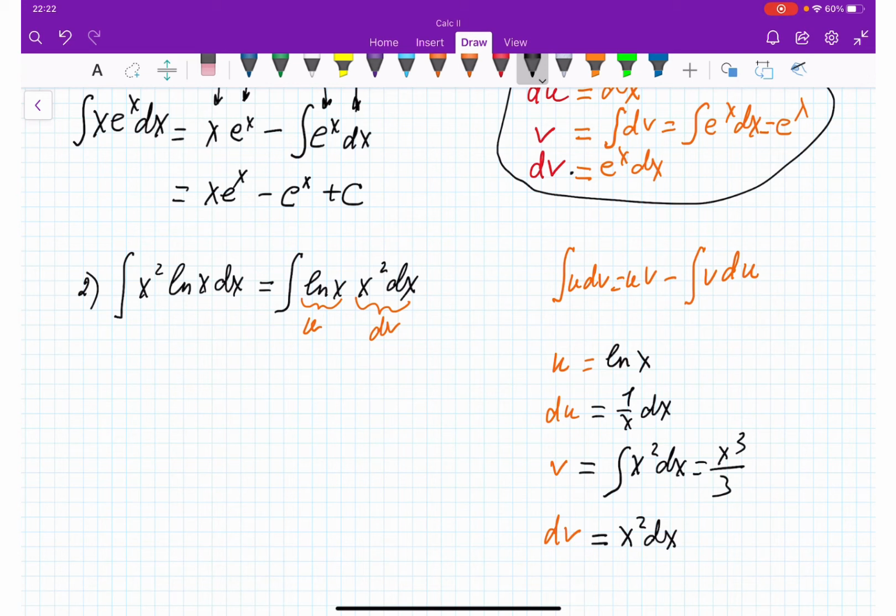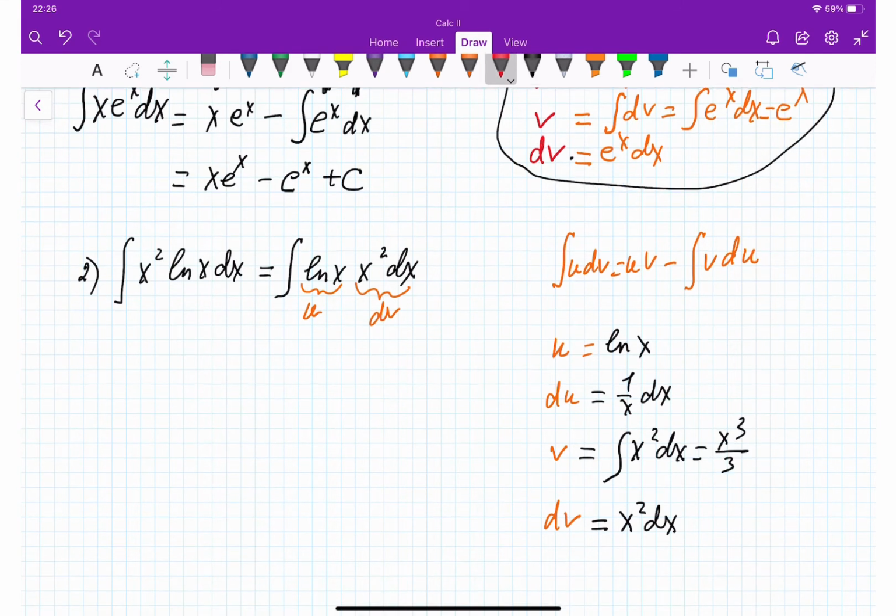So let's solve it. Let's integrate by parts. Okay, integral u dv is equal u times v minus integral v du.